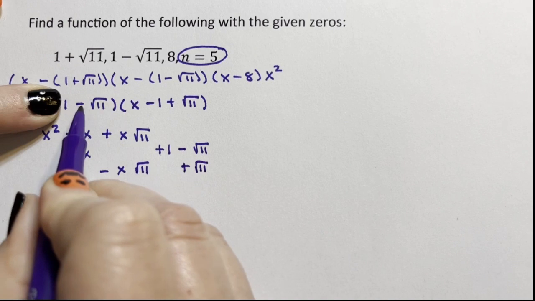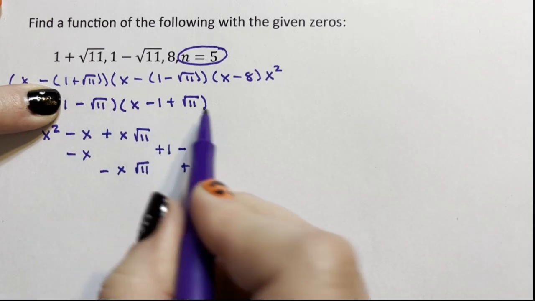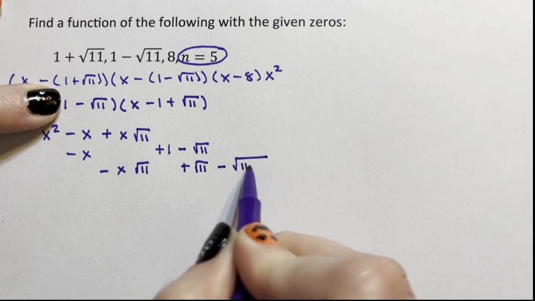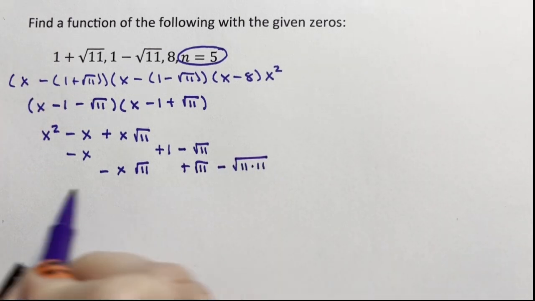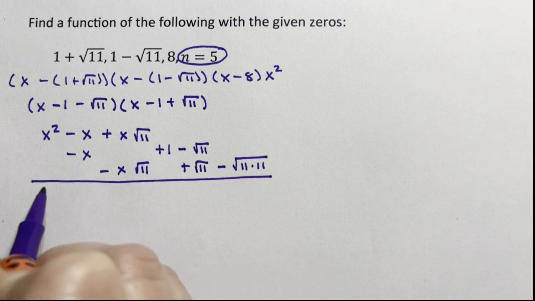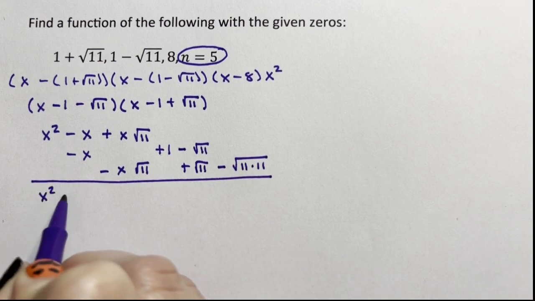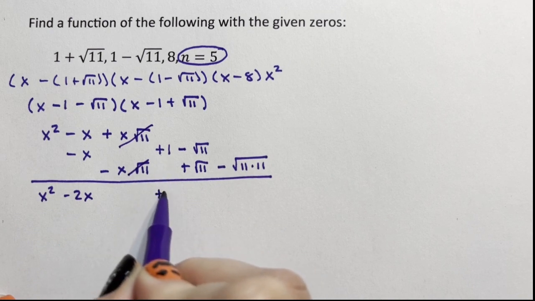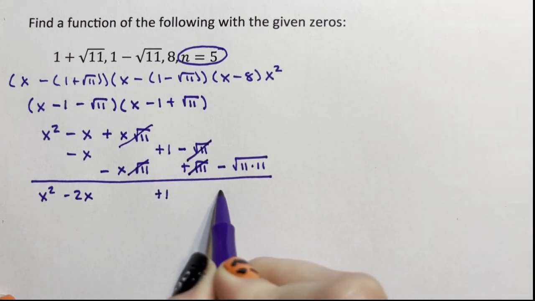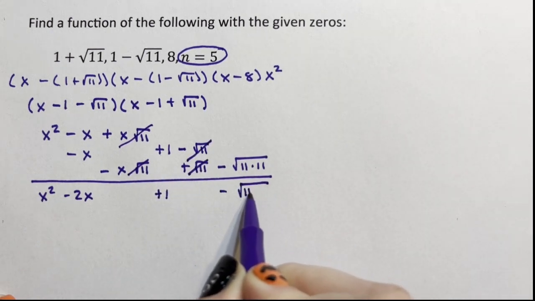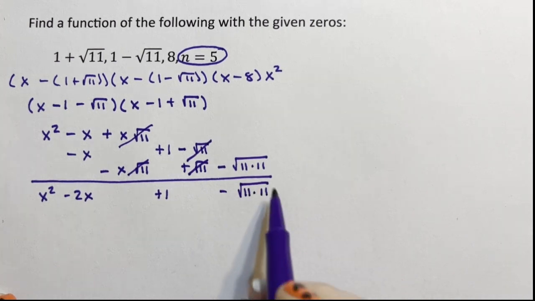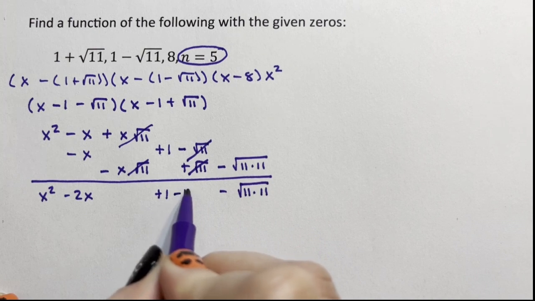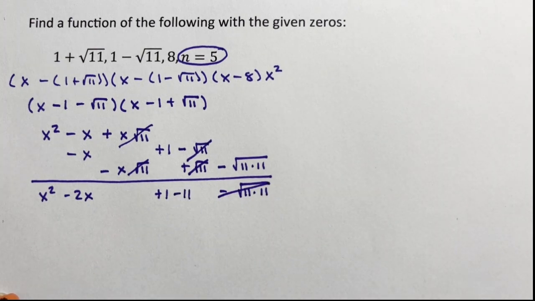And then minus root 11 times root 11 becomes minus 11 times 11. I get x squared minus 2x. These cancel. Plus 1 minus the square root of 11 times 11. The square root of 11 times 11, or 121, becomes 11. So I can say minus 11 and cross that out to simplify it.